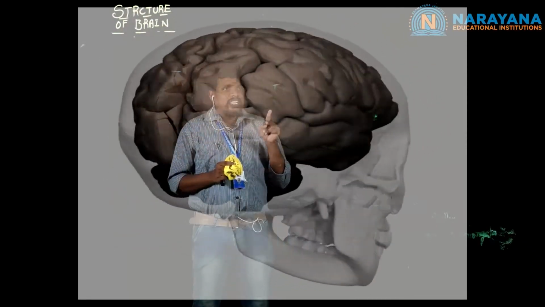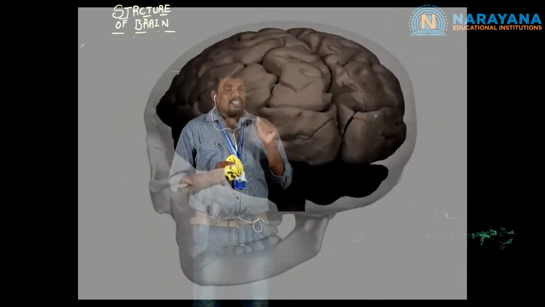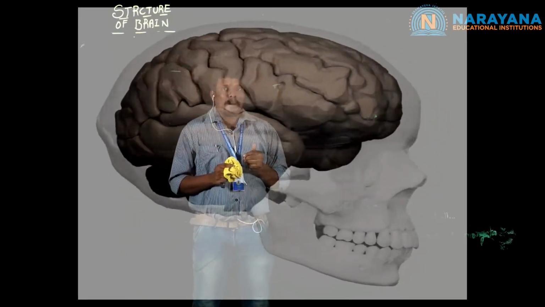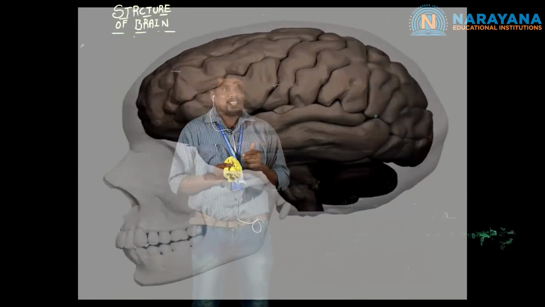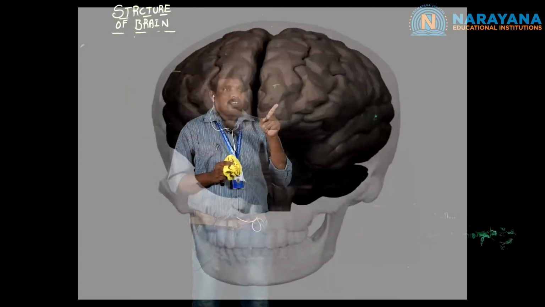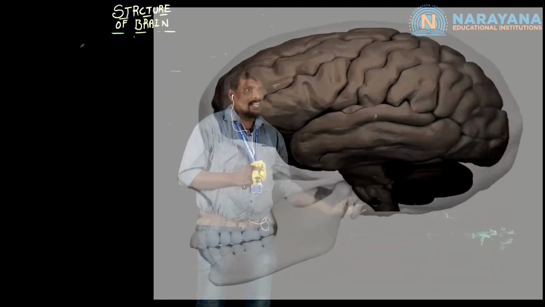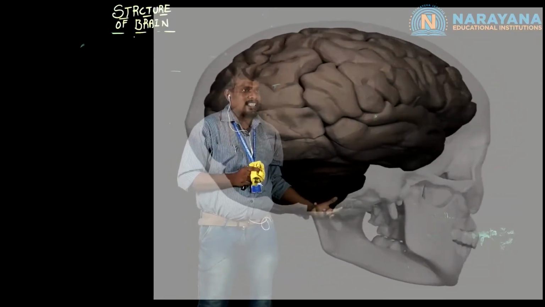A detailed structure of the three divisions of the brain we will discuss in the further diagrams. Look at this picture. This is the forebrain, this is the midbrain, and this is the hindbrain. Here, exactly here.